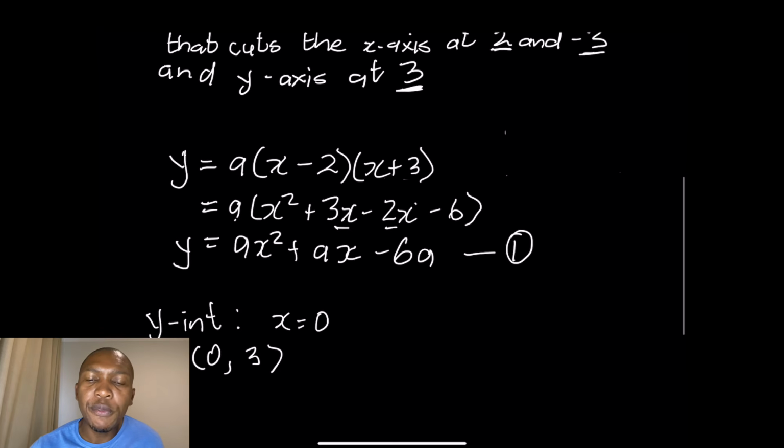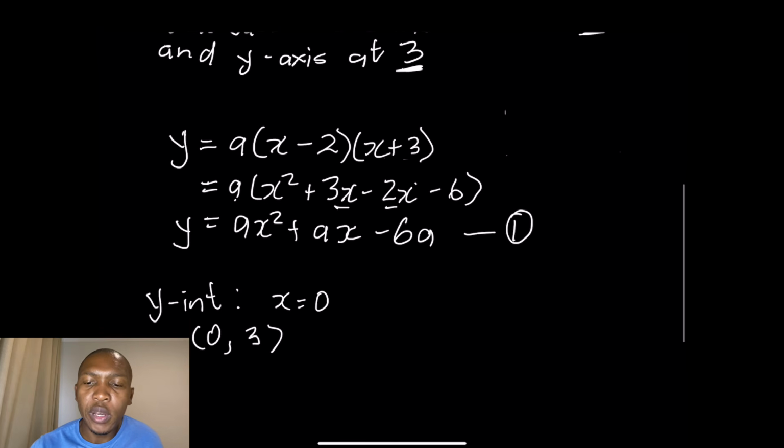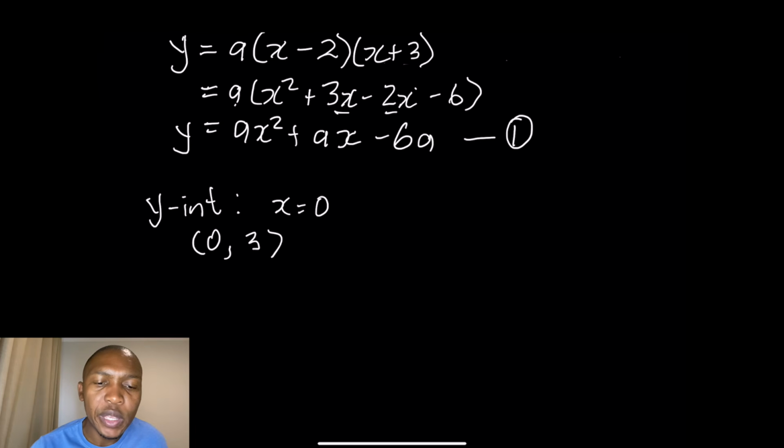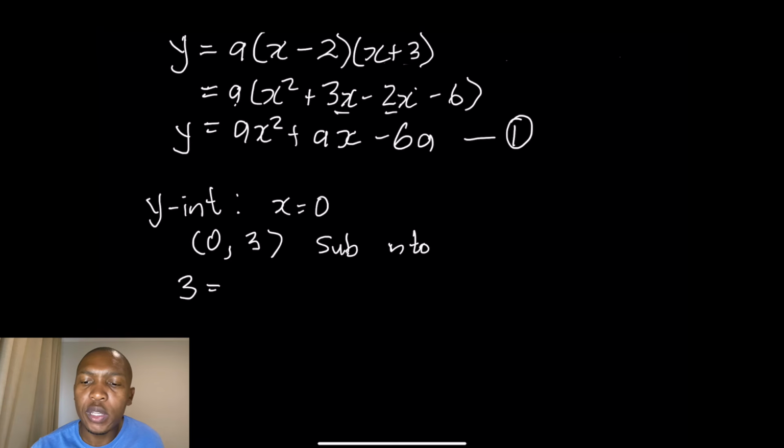So it means that everywhere I see x in our equation 1, I am going to put 0, and where I see y, I'm going to put 3. So I'm substituting into equation 1.